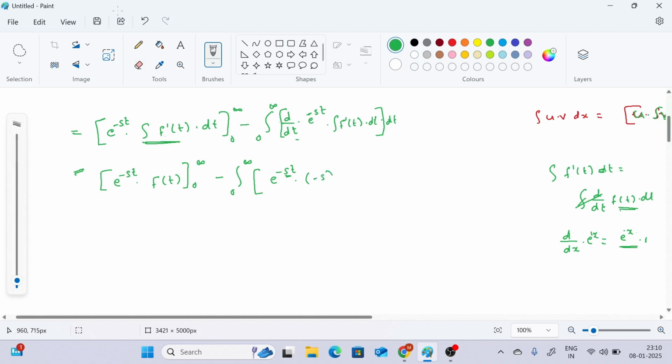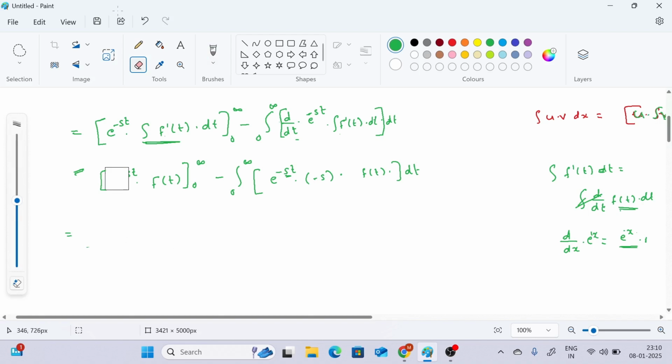Minus s into, integration and derivative will get cancelled, I will get f of t dt. Next, e raised to minus st f of t, 0 to infinity.